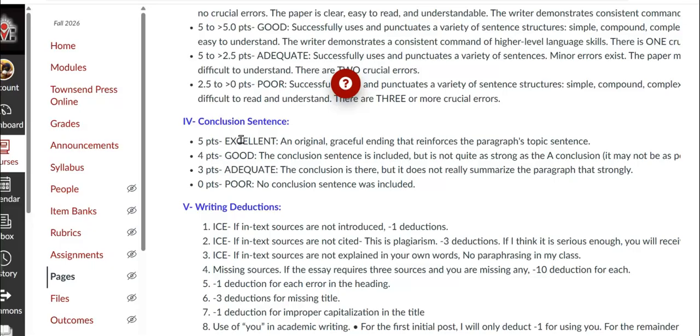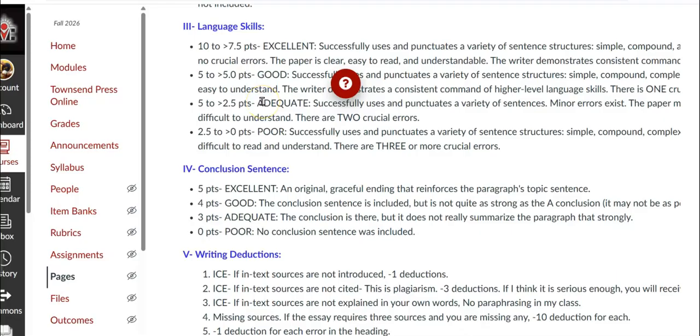Well, actually, language skills, looking at that would be editing. And revising is when you're moving things around, trying to make your essay or your discussion board prompt more cohesive. Conclusion sentence. All paragraphs should have a conclusion sentence, especially for the discussion boards, because they have to be a paragraph.